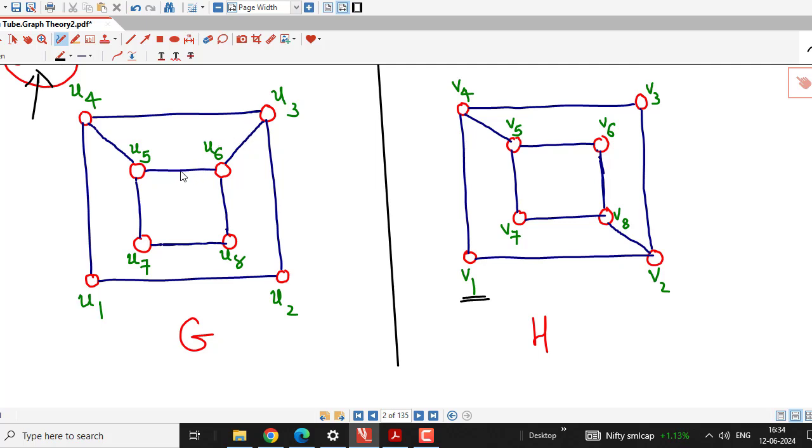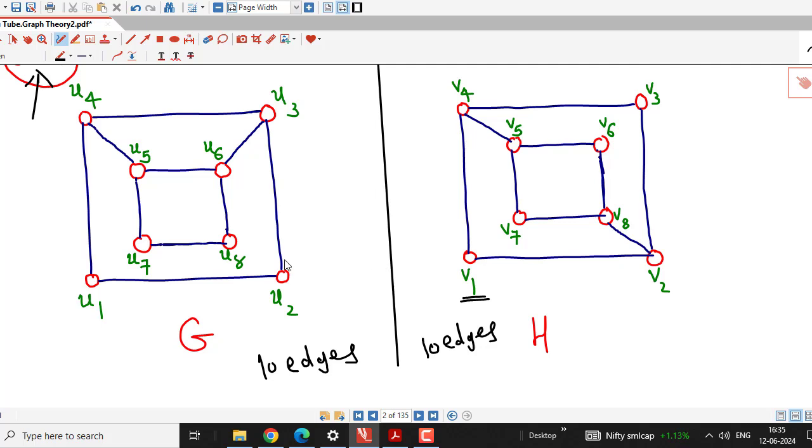In graph G there are 1, 2, 3, 4, 5, 6, 7, 8, 9 and 10 edges. And in graph H also we check, this is 1, 2, 3, 4, 5, 6, 7, 8, 9 and 10. So there are 10 edges in graph H also.